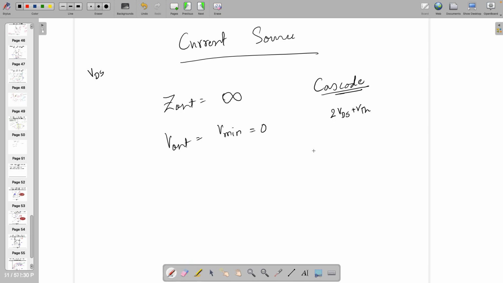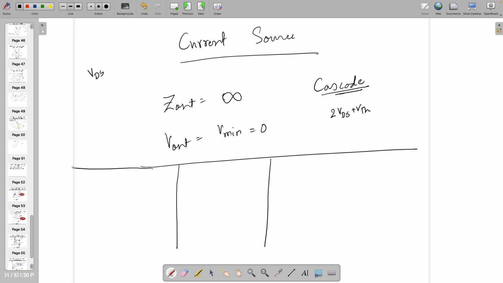So we invented two different topologies, or actually three different topologies. One is called Wilson, which has feedback. Feedback is very good. There is no problem in terms of stability. Maybe in future, when we touch this again, you will understand pole zero, and all these things can be tuned properly.